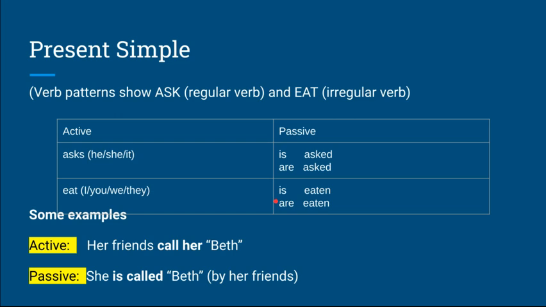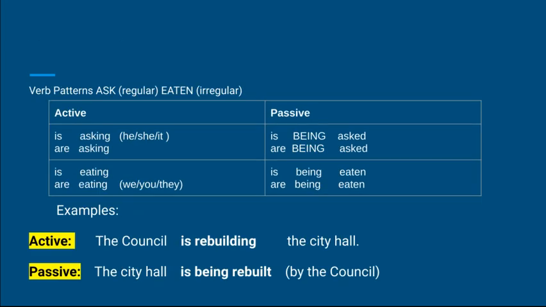Let's see here some examples. Her friends call her Beth. The passive: she is called Beth by her friends. The present continuous.